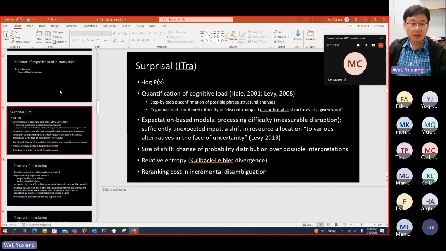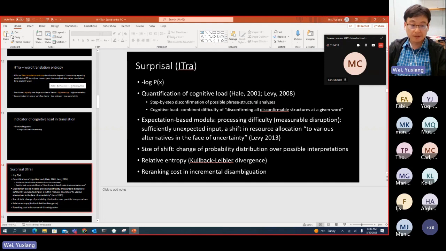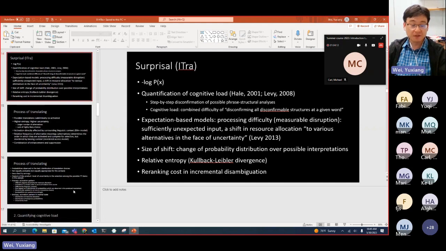So in the equation that I have shown previously here, if we have the probability of a particular value for x, the logarithm of it with a negative symbol would be the surprisal here. So the definition is actually very simple.